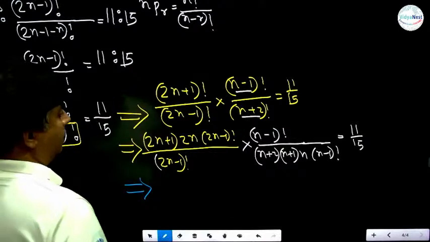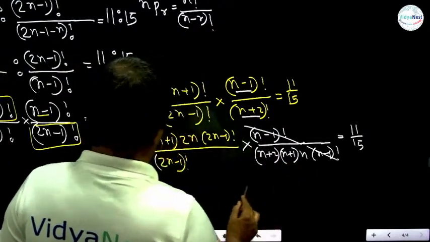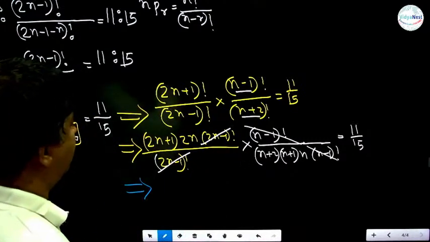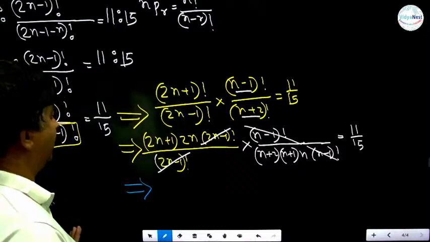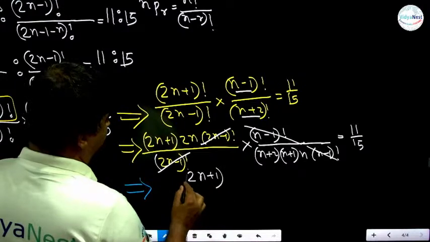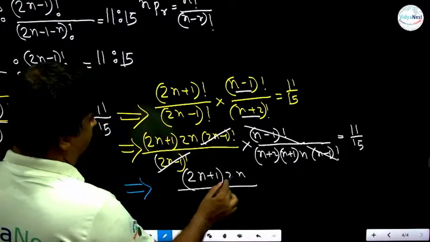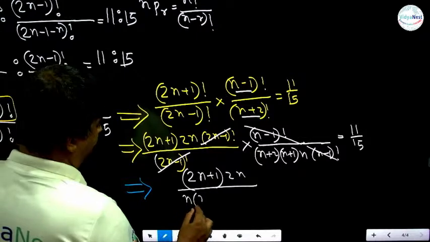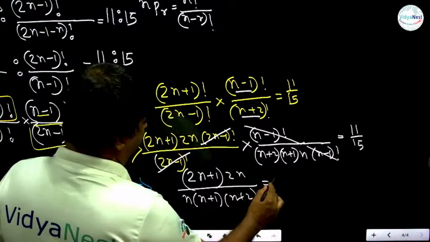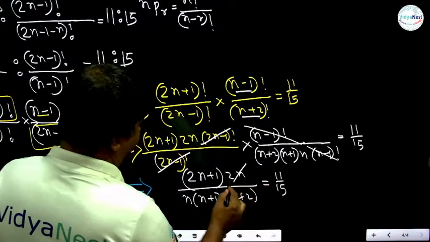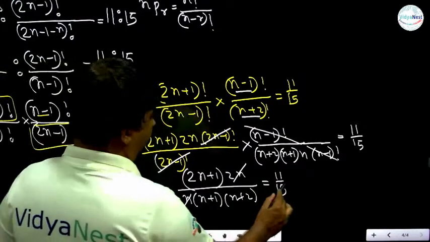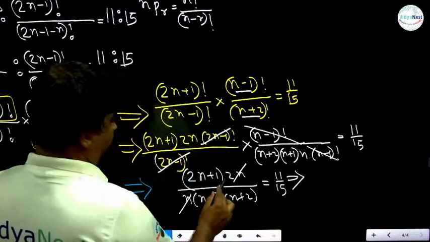So this part will get cancelled. This part will get cancelled. Now, what conclusion can I draw? That is the big issue. More simplification is possible. 2n plus 1, 2n, and here n, n plus 1, n plus 2 is equal to 11 by 15. Another n I can reduce. This much we can do.